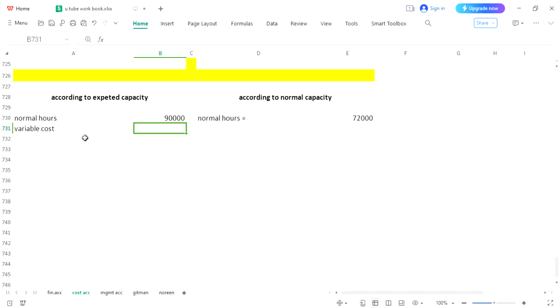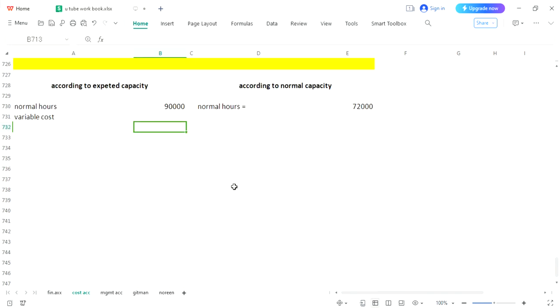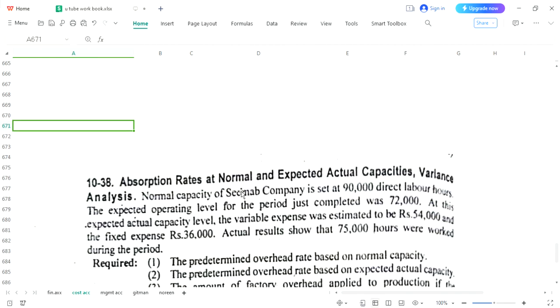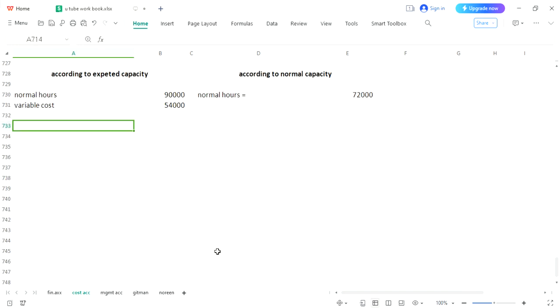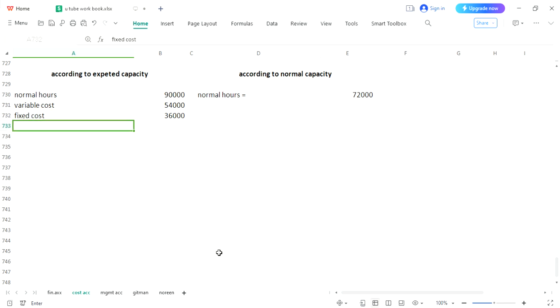Variable expenses 54,000, so we are going to write 54,000 over here. And the next thing mentioned over here, fixed expenses are 36,000, so we are going to put 36,000 as fixed cost for expected.